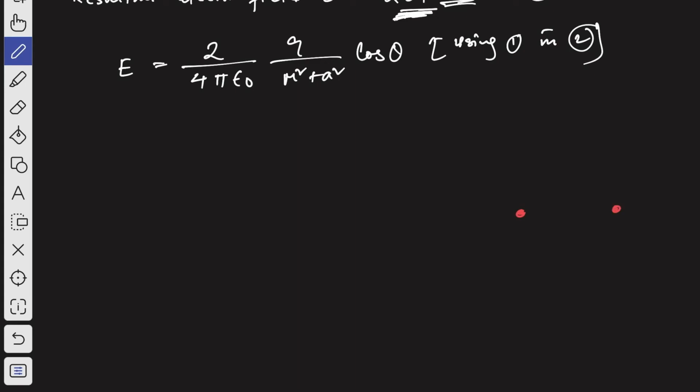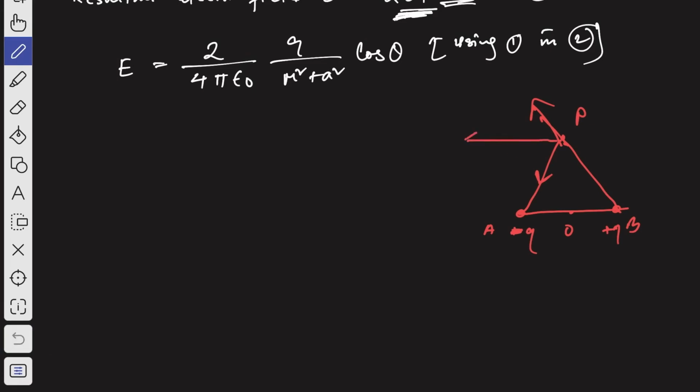So let me draw the diagram simply again. This was the dipole, this is A, B, and this is negative Q, and this is positive Q. Here is the point P, and this is the center of the dipole O. Here you can see the electric field in this direction and in this direction.